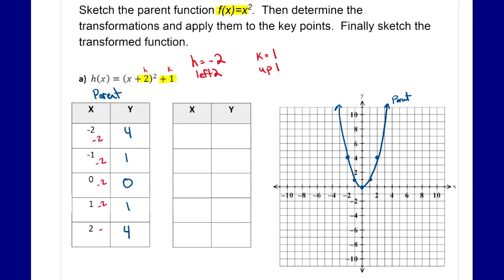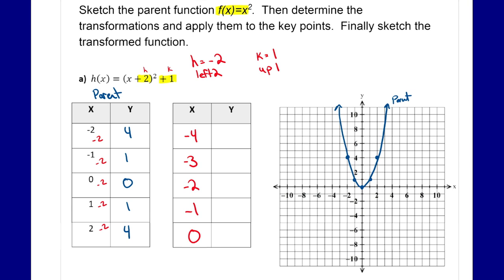So I'm going to subtract 2 from every x value to get the new x values of the transformed function. -2 minus 2 is -4. -1 minus 2 is -3. Then -2, -1, 0. So in this transformed function, all of these x values are now 2 to the left. I've shifted everything to the left 2.